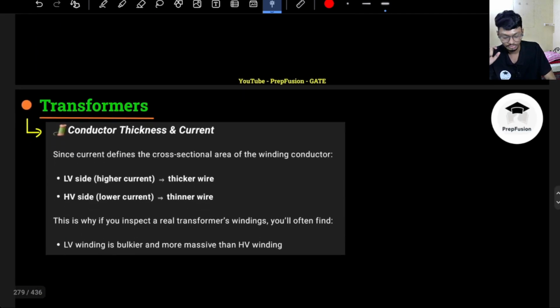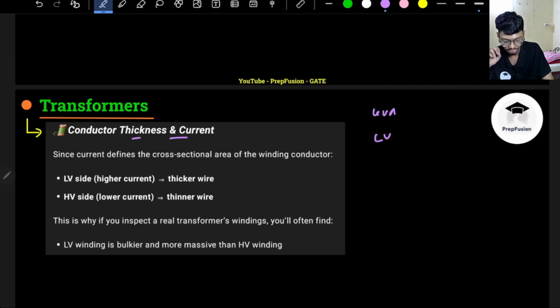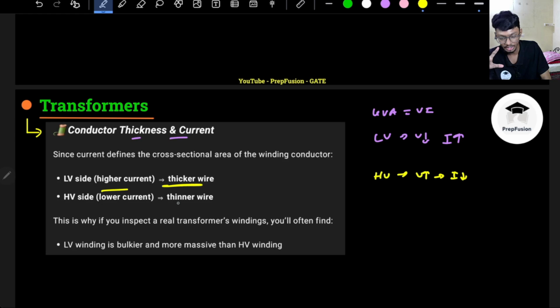One more important point is the conductor thickness and current. On the LV side, I know the kVA rating is constant, so VI is constant. On the LV side voltage is reduced, so current will be higher. If current is higher, I will need thicker wire. On the HV side, the voltage increases, so the current will reduce because the kVA rating is the same, so I will need thinner wire.